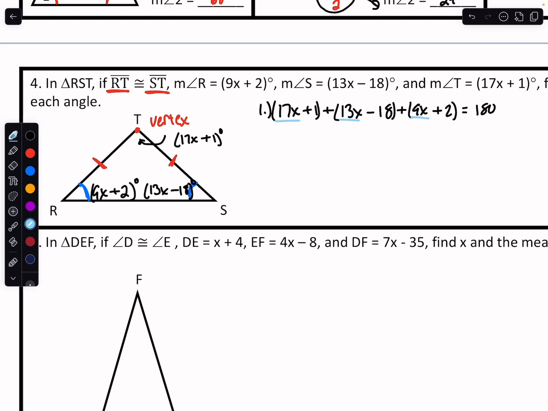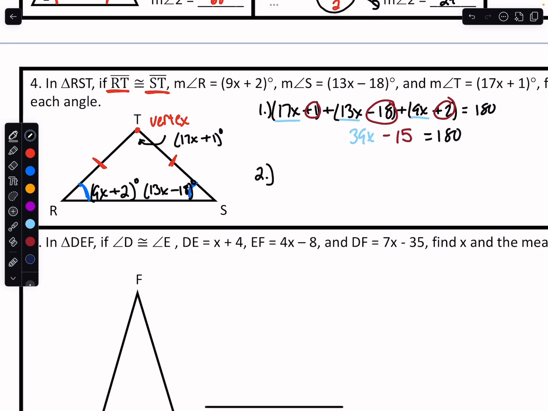Let's combine like terms. 17x plus 13x plus 9x is going to get you 39x. And then the numbers are constants. 1 minus 18 plus 2, we should get negative 15. That is equal to 180. We will solve that in just a second.